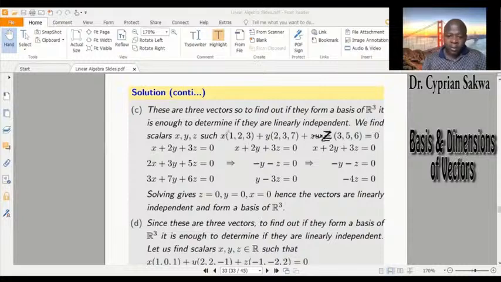We want to see whether these x, y, and z are all 0. If x, y, and z are all 0, then these vectors are linearly independent.